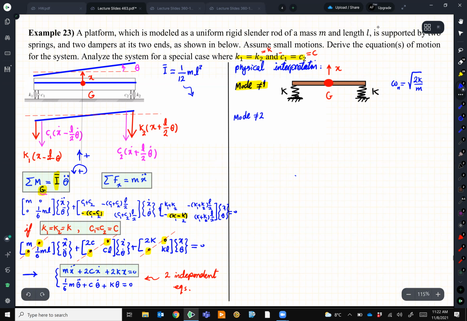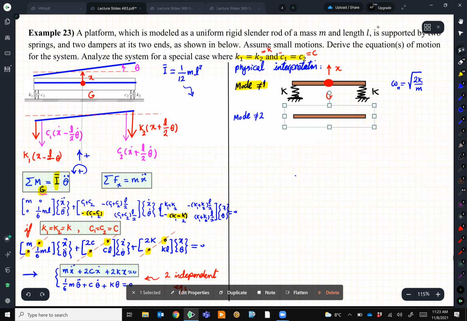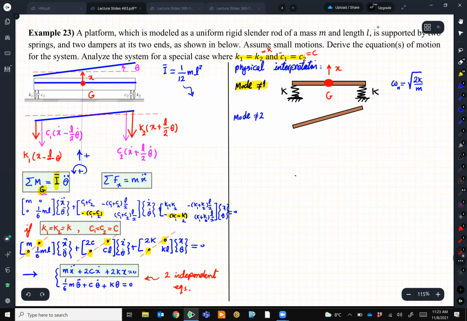Mode 2, it's only rotation, pure rotation. So let me draw that. And this is my center of gravity.